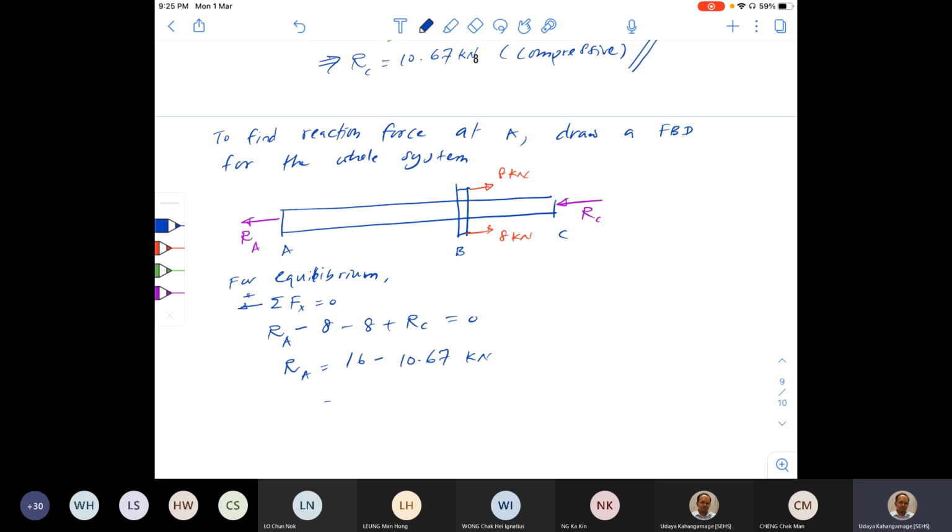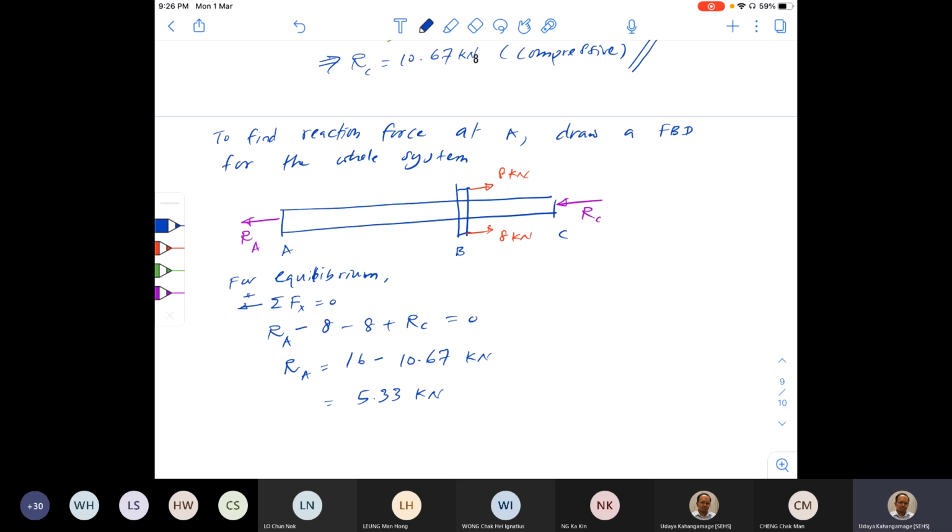So you get the answer, 5.67... 2.67 kilonewton. Is it a positive answer or negative? Positive answer, right? That means the direction I marked is correct.